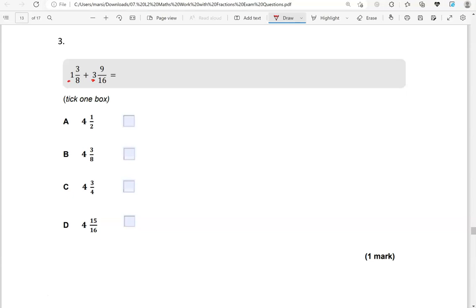So a common denominator for both is going to be 16. To get from 8 to 16, I'd multiply by 2, so I'll multiply the 3 by 2 as well to get 6. To get from 16 to 16, we don't need to do anything, so we'll just put 9 there as well. Don't do anything or multiply by 1, it's the same thing.